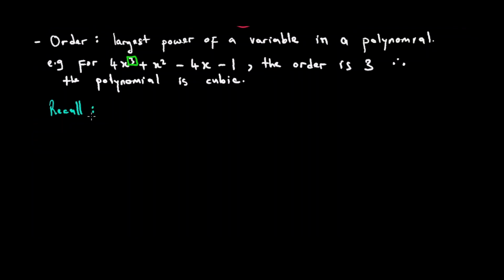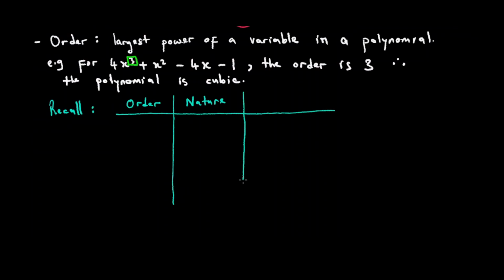So what do we want to recall? Let us put down a table here. We have an order, then we have, maybe we can call this nature, and let us have an example here so that we can better understand what we are talking about.